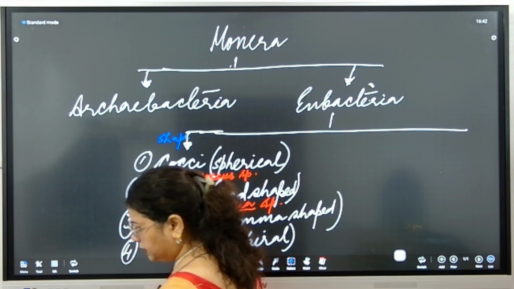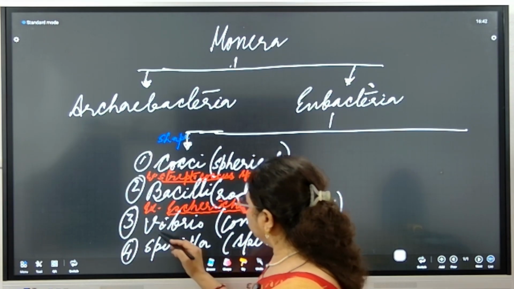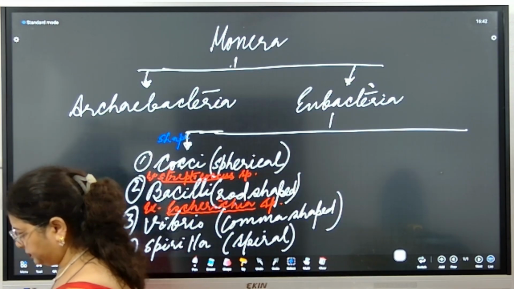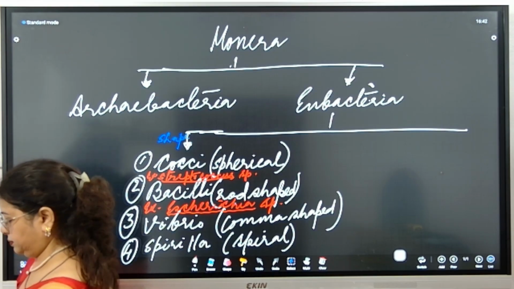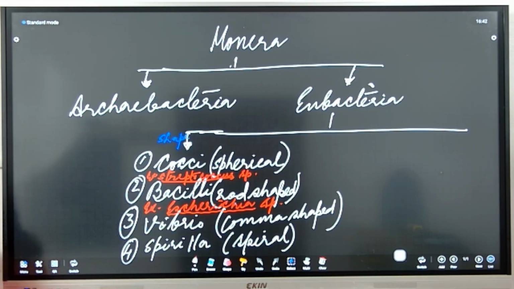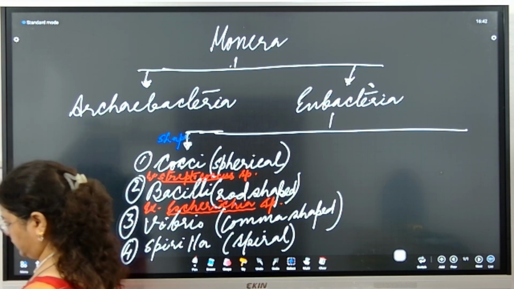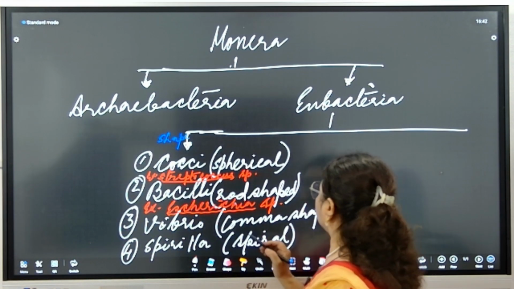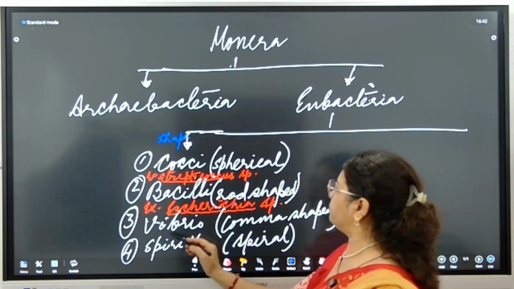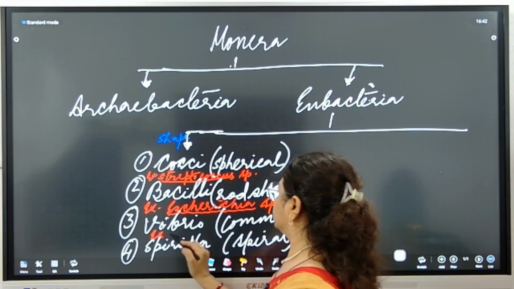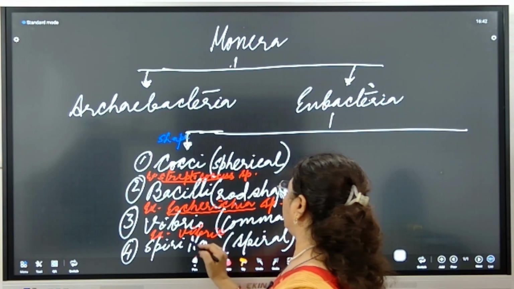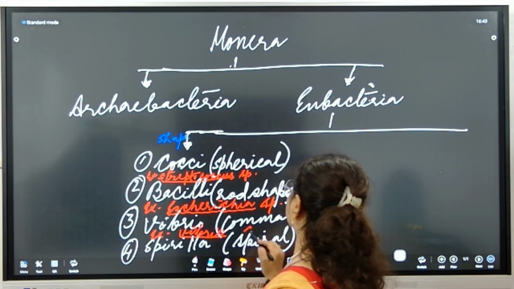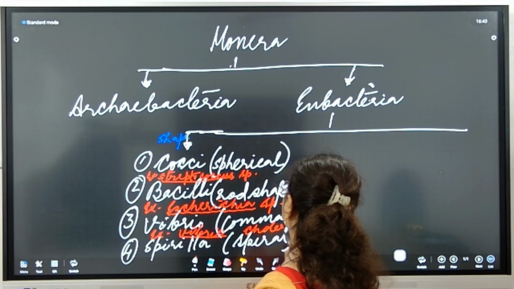And then Vibrio, comma shaped. The example is Vibrio cholerae. Underline Vibrio.